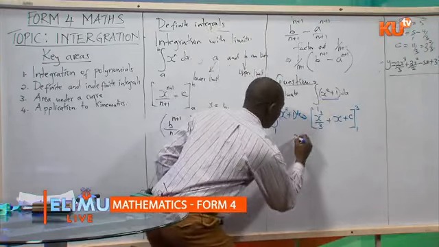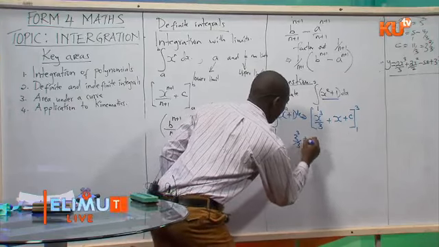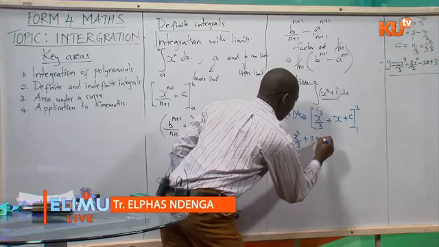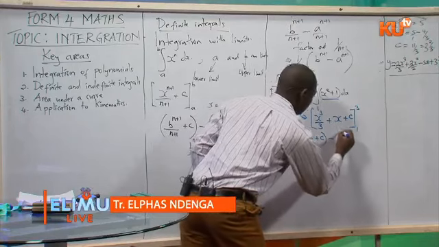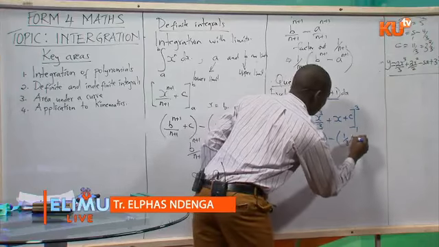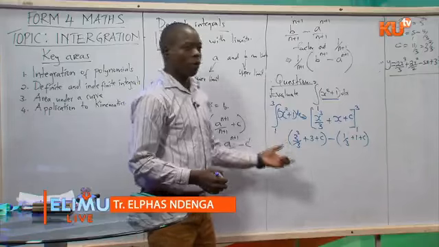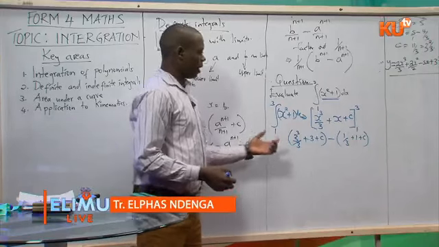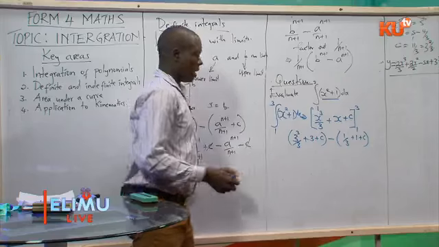This will give 3 power 3 over 3 plus 3 plus c. Then we minus, when it is 1, we have 1 over 3 plus 1 plus c, because 1 cubed is 1. 3 cubed is 27, and when divided by 3, that is 9.